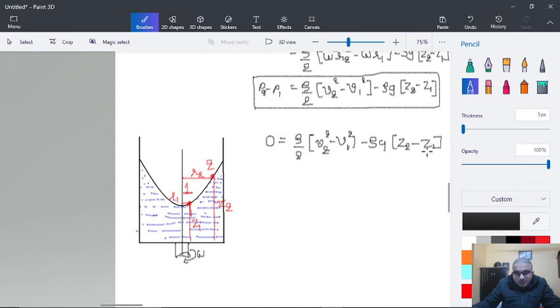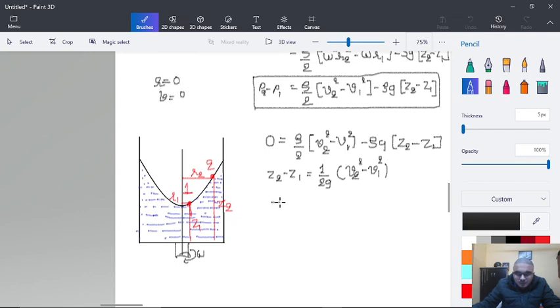One more thing that we can do is Z2 minus Z1 is equal to 1 upon 2g into V2 square minus V1 square. Now let's say that point 1 is situated on the axis of rotation, that is over here. So when it is on the axis of rotation, R will be equal to 0, so V will also be equal to 0.